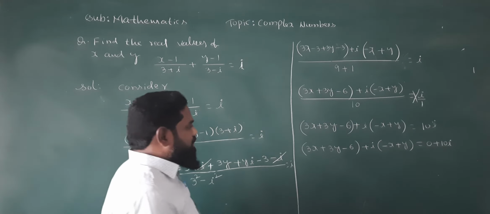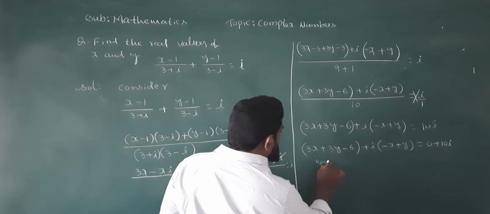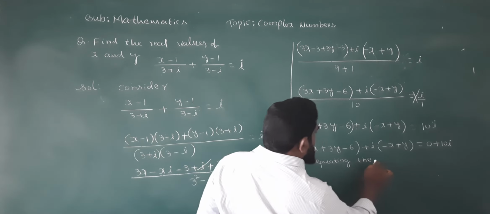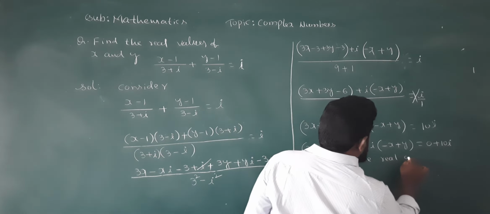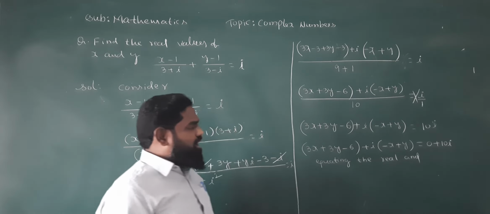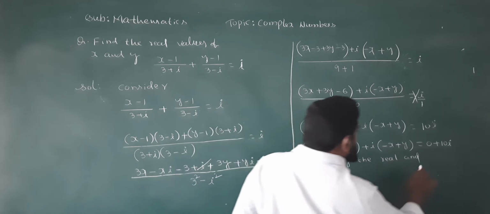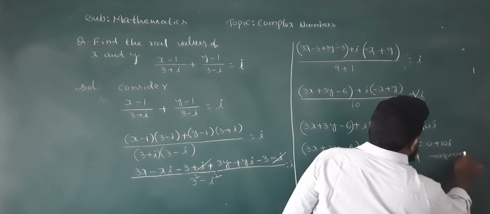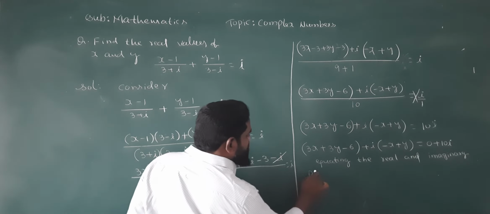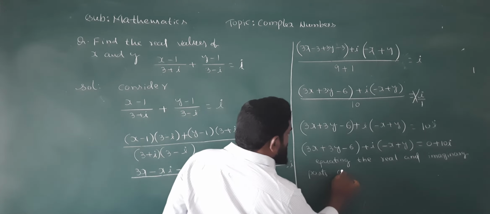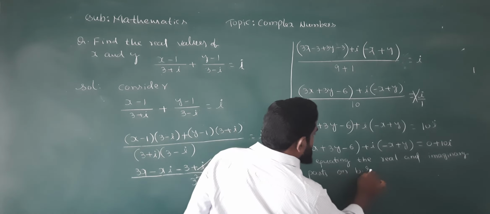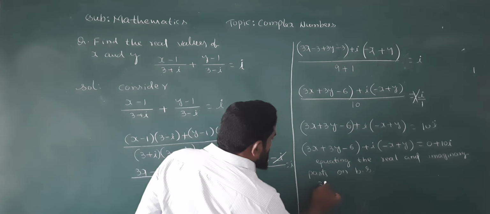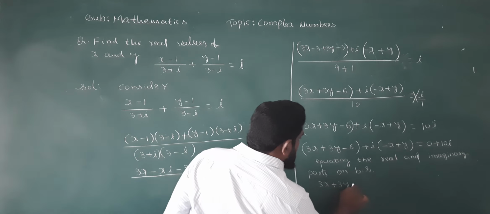Equating the real and imaginary parts on both sides. What is the real part on the left side? 3x plus 3y minus 6.